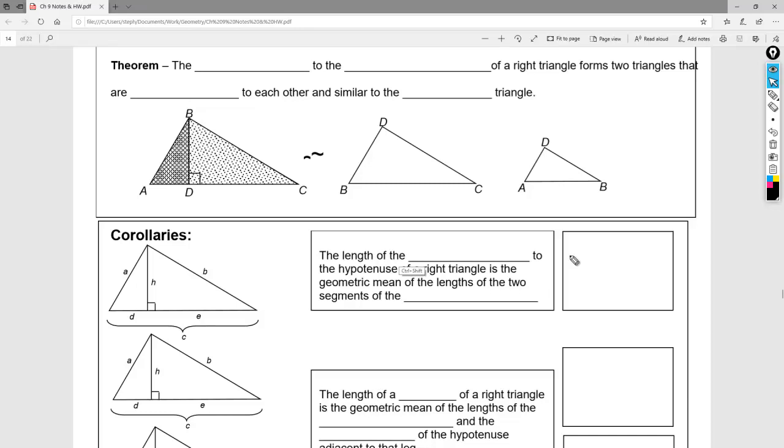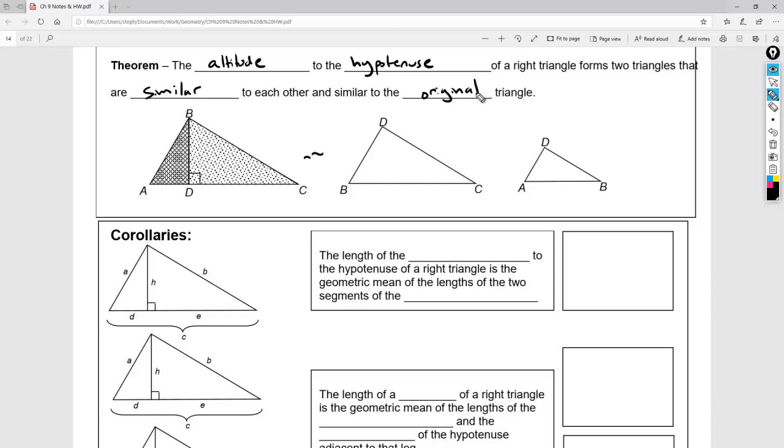Okay, so our theorem states that if we have a right triangle, the altitude to the hypotenuse of a right triangle forms two triangles that are similar to each other and to the original triangle.